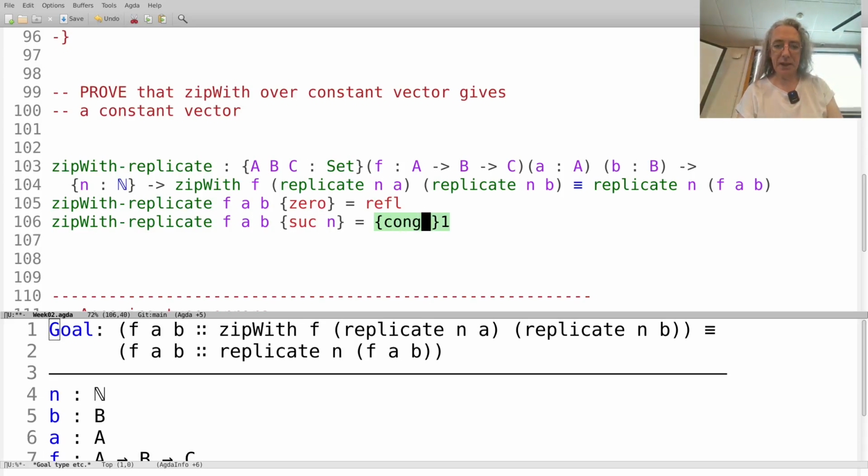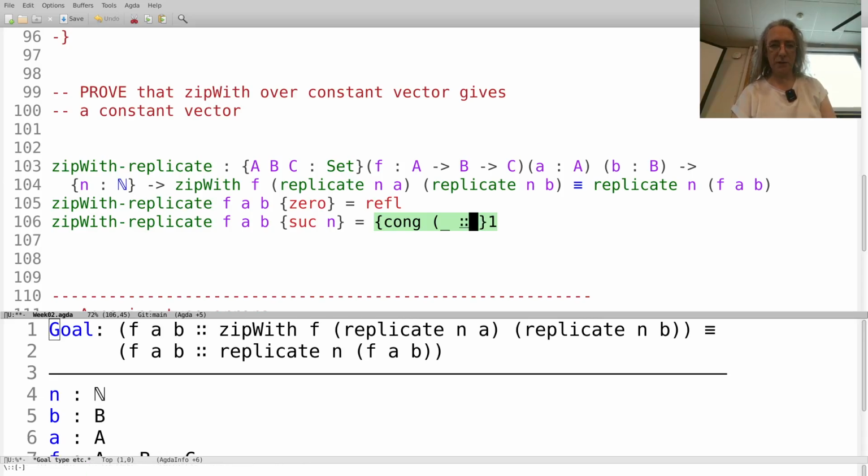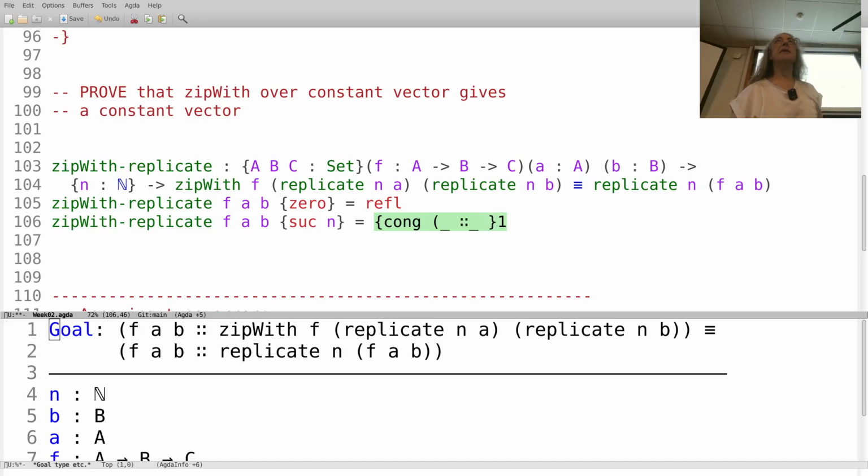Right. Now, I'm going to do something that looks slightly weird. I'm going to write an underscore here, and then I guess it's backslash double colon. Yes. Looks good. And then I'm going to write no space and another underscore.